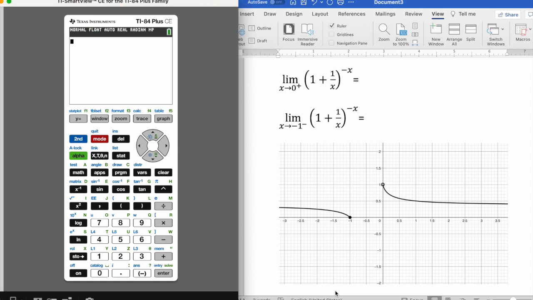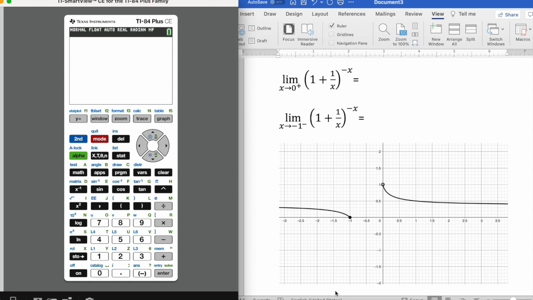Now I pre-graphed this function, so we have an idea of what it looks like, and then we can verify with our tables that we got the right answer. Looking at this graph, approaching 0 from the right, you can see that the limit is going to be 1, because that's the value of y that the function is approaching as x approaches 0 from the right.